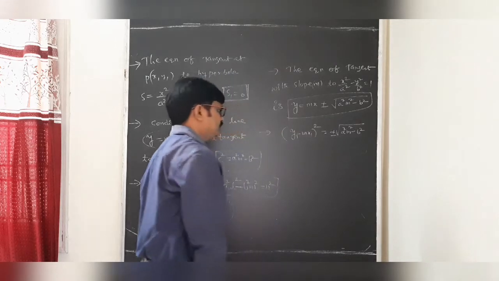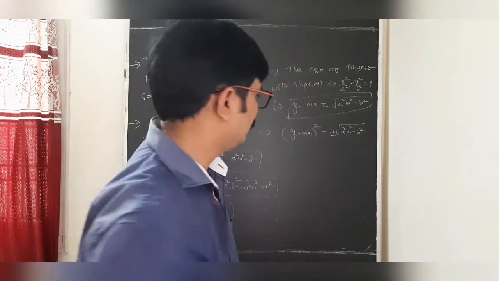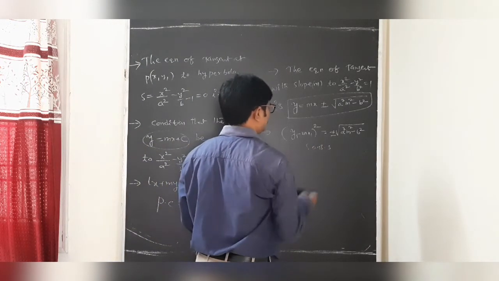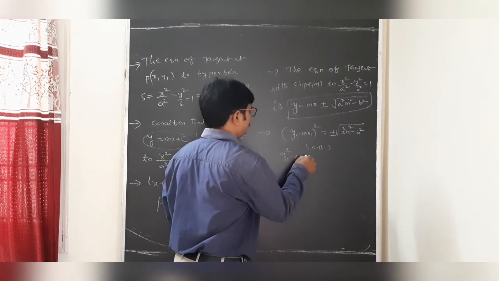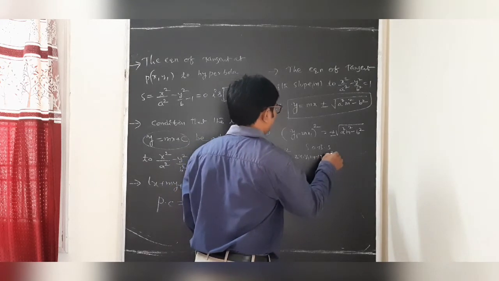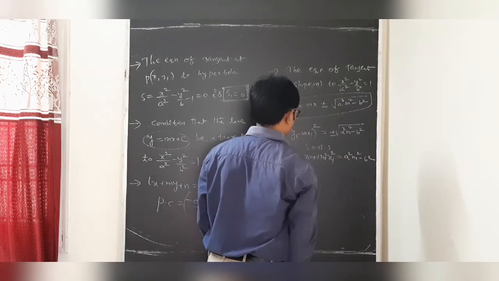Dear students, when we square on both sides, we get the sum of the slopes and the product of the slopes. Squaring gives y1 square minus 2 x1 y1 m plus m square x1 square equal to a square m square minus b square.